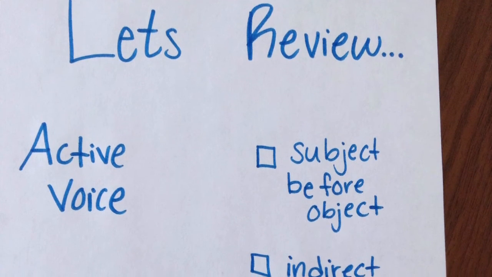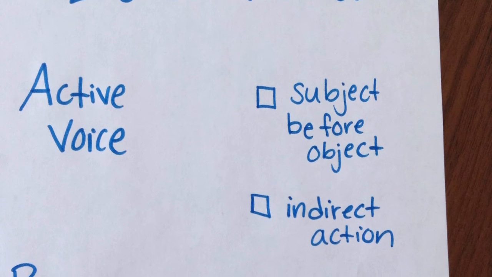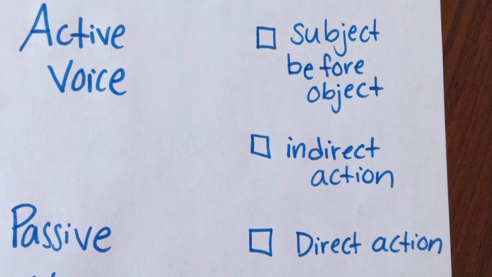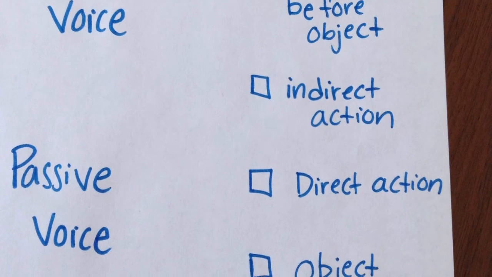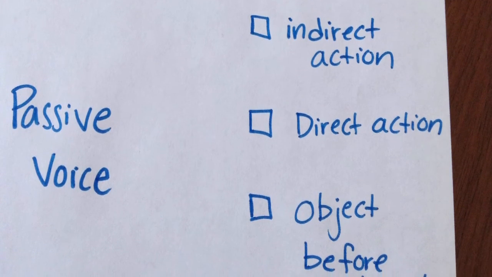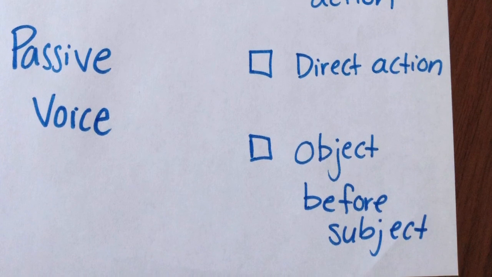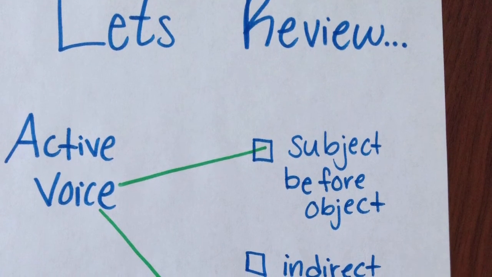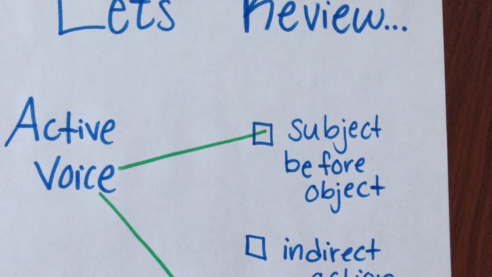Now let's review to see what we've learned. Which of the 4 characteristics on the right-hand side have to do with active voice? And which of the characteristics have to deal with passive voice? For active voice, the first one, subject before object, is one characteristic.